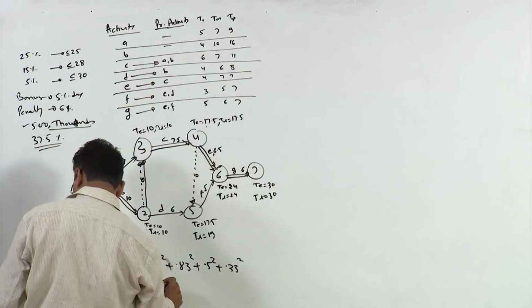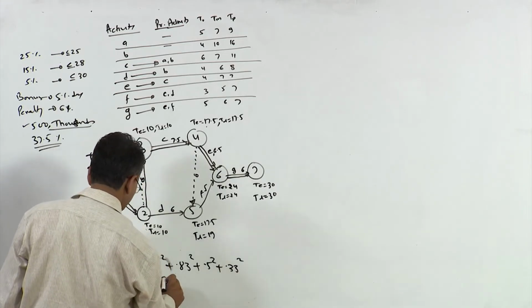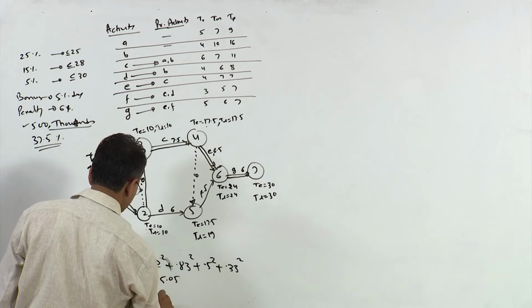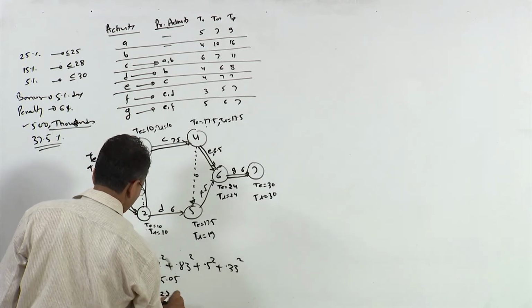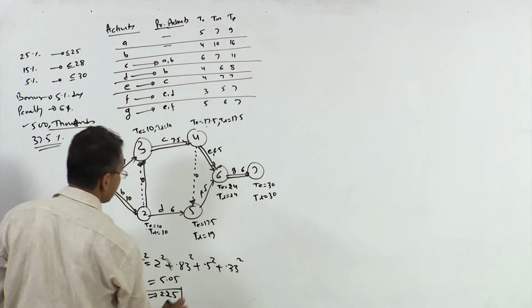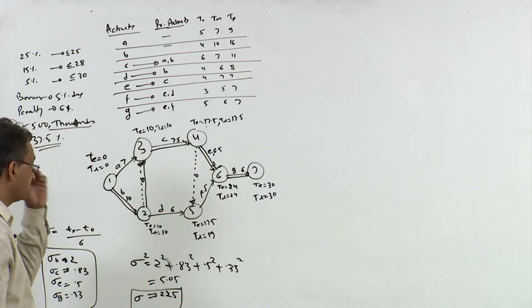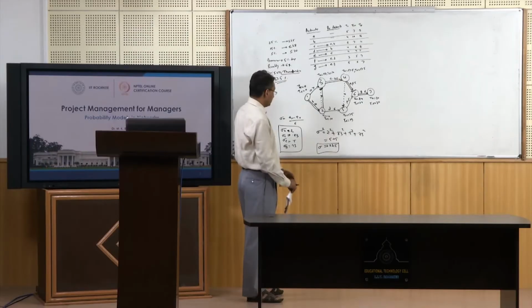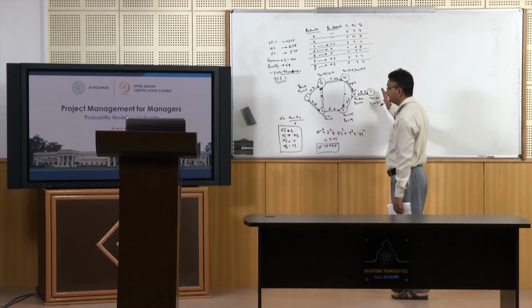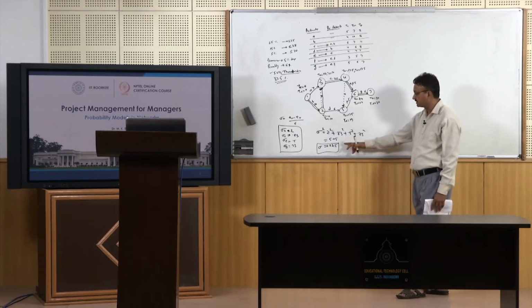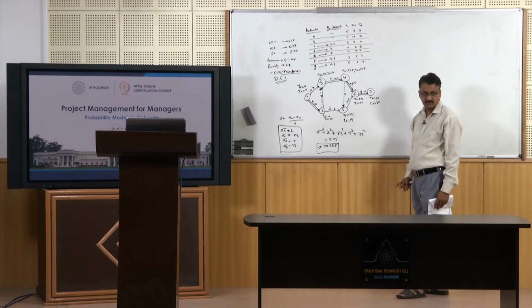This becomes 5.05 and the standard deviation is 2.25. So, we are saying that this project would take 30 days with a standard deviation of 2.25 days.